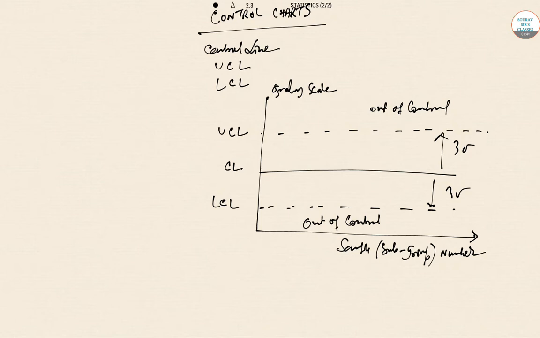This quality scale is a vertical scale, marked according to the quality characteristics of each sample. The plotted samples are the qualities of the individual items of a sample on our control chart.